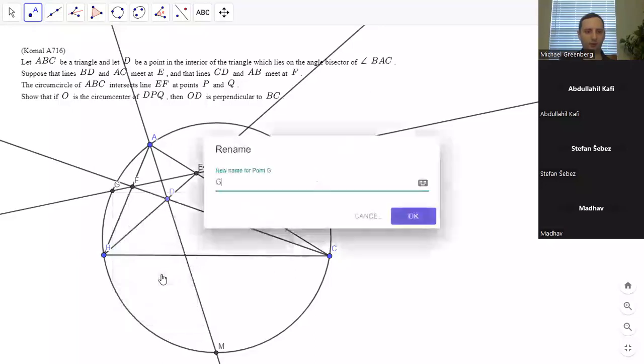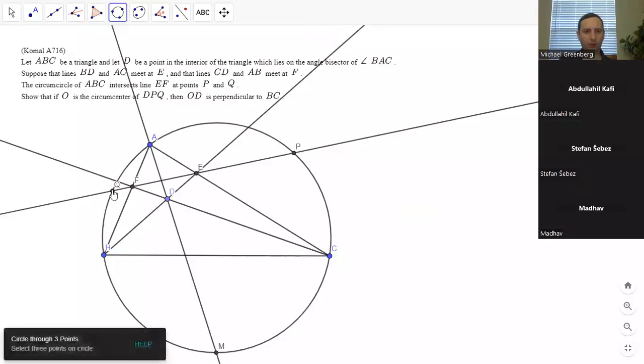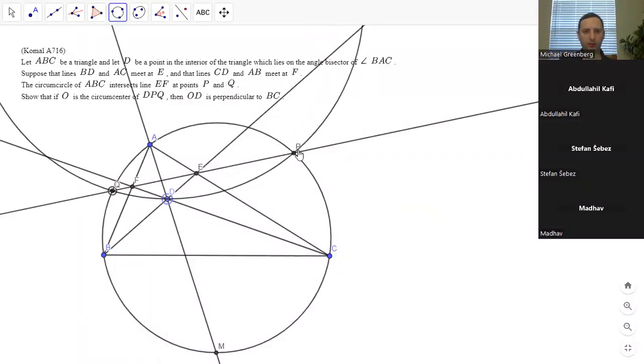That's kind of interesting. And we want to show that OD is perpendicular to BC.